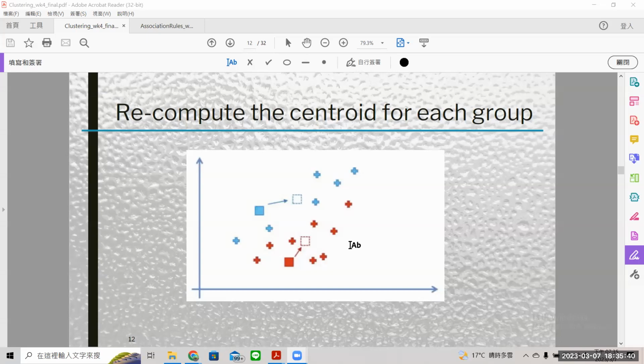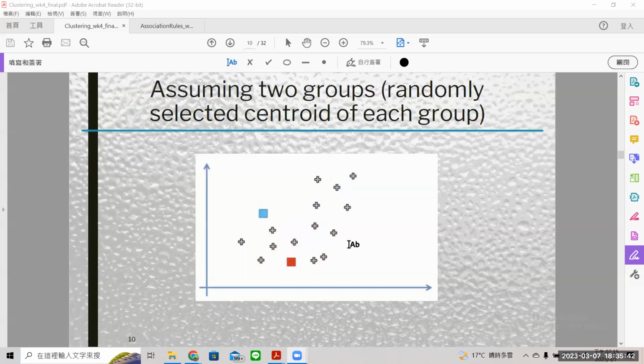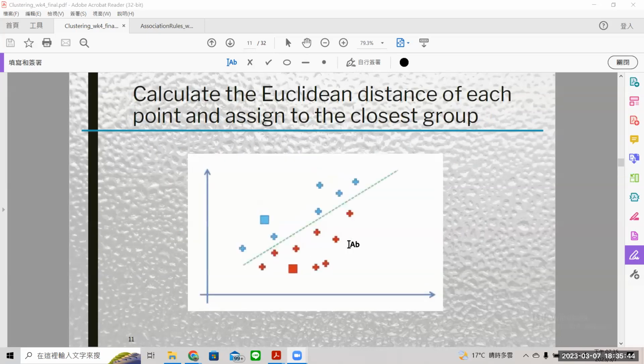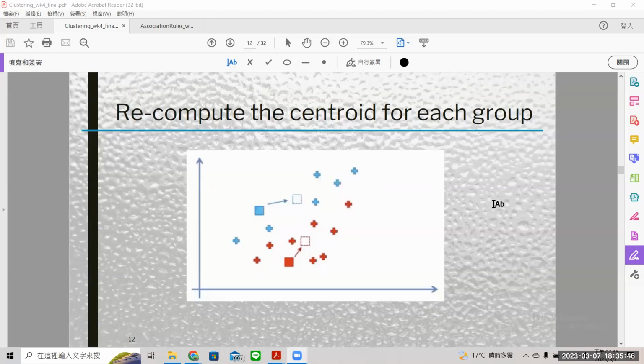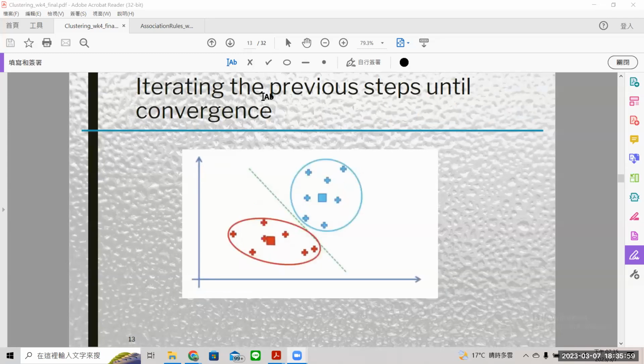Then you iterate. So actually K-means is quite simple. 1, 2, 3. You follow these 3 steps, iterating until your stop criterion is met. Again, iterating the previous steps until convergence. Okay, so that's the basic idea of K-means.